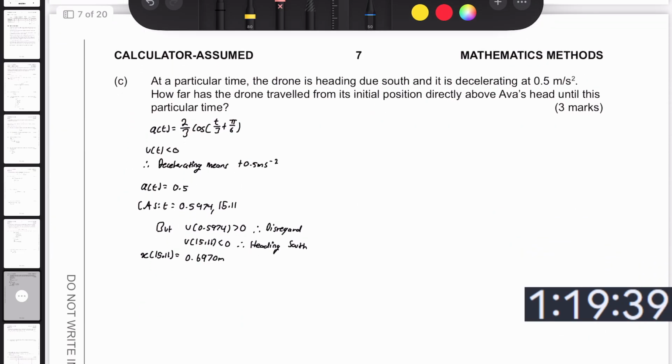How far has the drone traveled from its initial position? It's 3 marks. Would that be? Do I want to leave this as displacement or should I do this as distance?